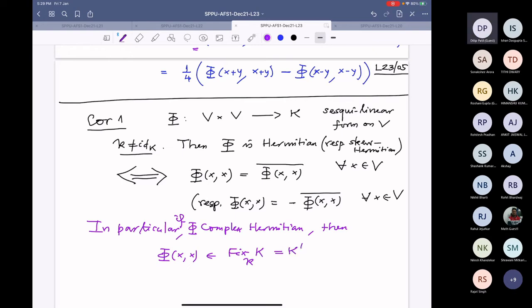So in case your field is complex numbers, then they are real values. And for the skew Hermitian case, they are purely imaginary.